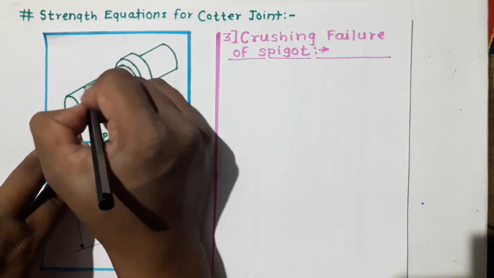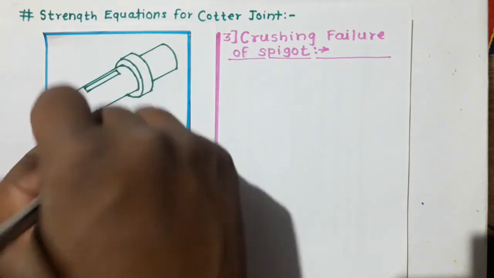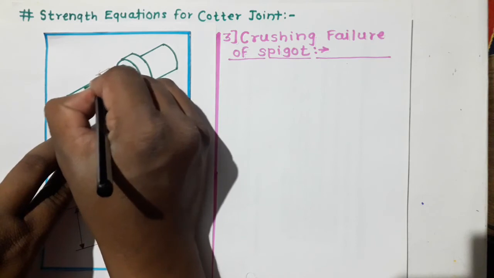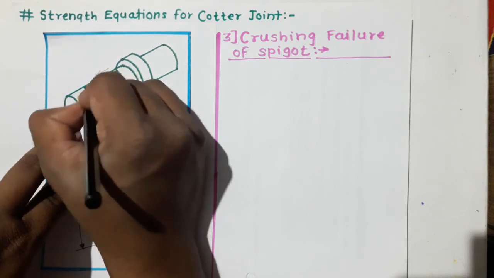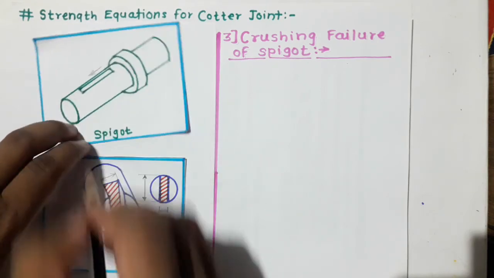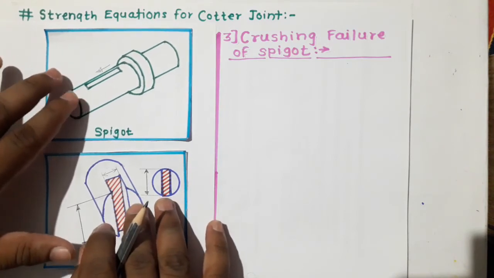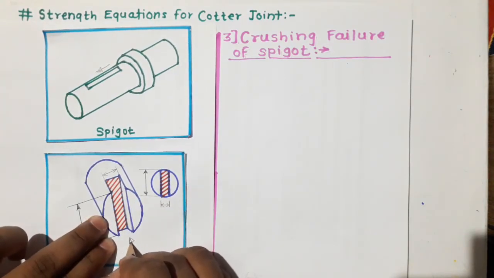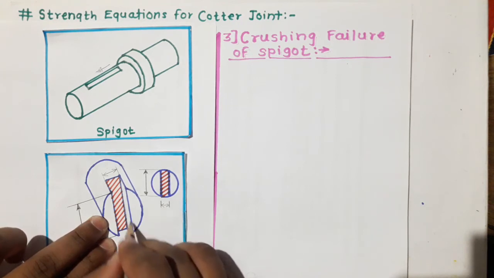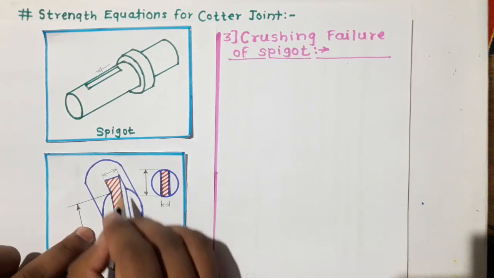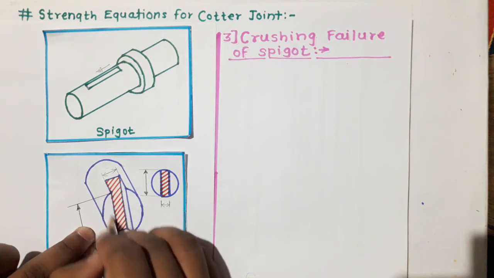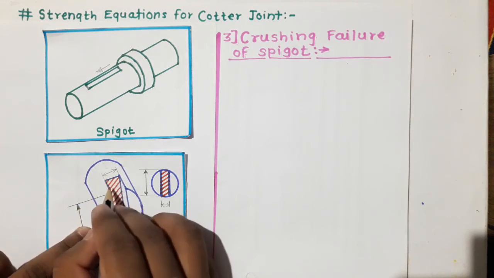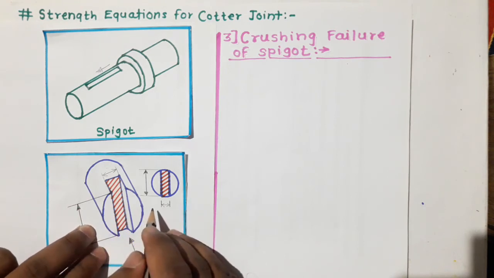Okay, to find out this stress area, we have to look from this direction into the slot. So if you look into this slot along this direction, you can see this is the area of the slot, internal surface of the spigot, which is subjected to crushing stress.